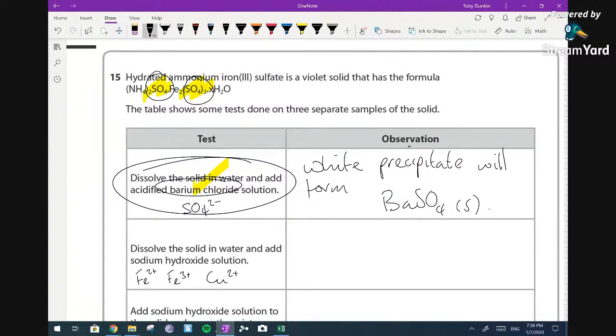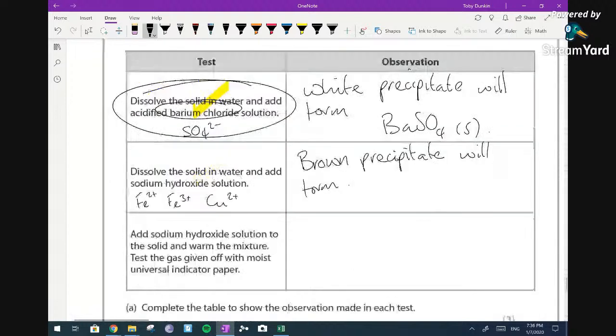Yes, I am. It contains iron 3+, so I'm going to form a brown precipitate. You've got to know your tests. You can't make this stuff up. That's going to be, of course, Fe(OH)3 solid, iron(III) hydroxide, which is brown.